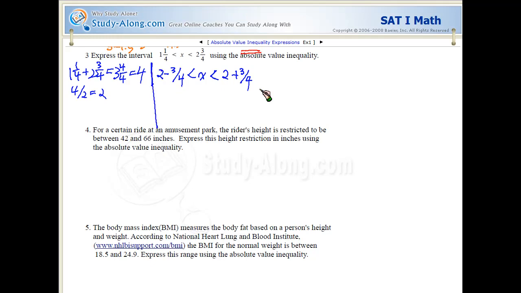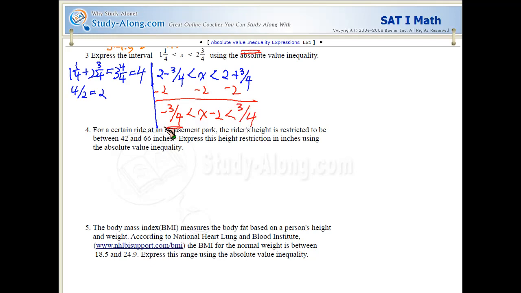Right? And this is just like what we did before. So now we have the plus and minuses. What's our similar number? It is 2. So I'll subtract 2 from everywhere. And what does that leave us with? Minus 3/4 is less than x minus 2 is less than 3/4.